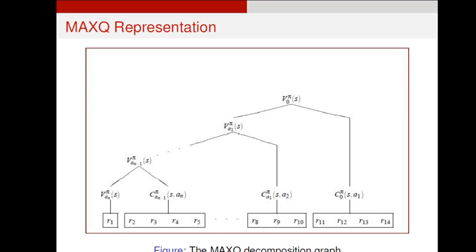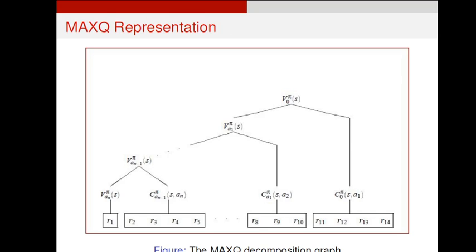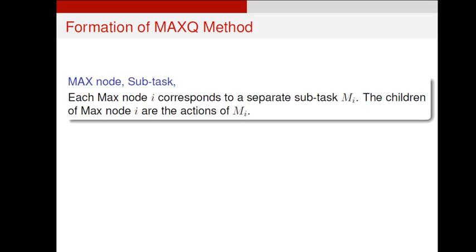Let us look into the details. Formation of the MAXQ method: there are two ideas, one is max node, another is subtask. In the previous figure, this is called the max node, and on the left side, when we draw a square or a rectangle like this, it creates a subroutine or subtask. Each max node i corresponds to a separate subtask Mi.